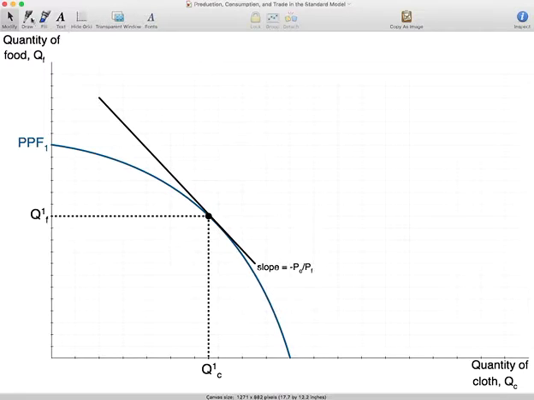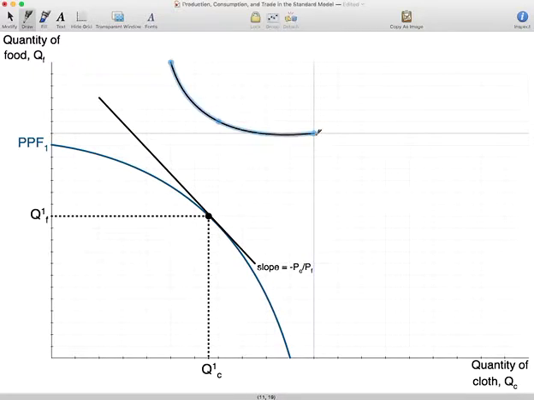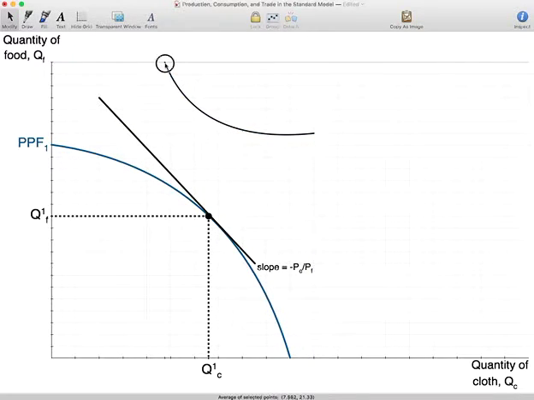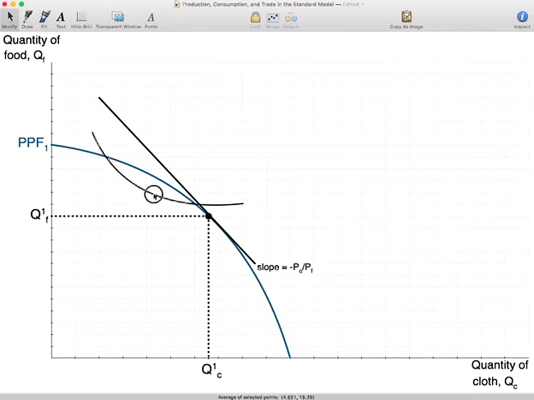And let me draw in an indifference curve here. Let me just adjust the shape a little bit. And remember, when there's indifference curves, there's actually what we economists refer to as an indifference map. That means there's multiple indifference curves.